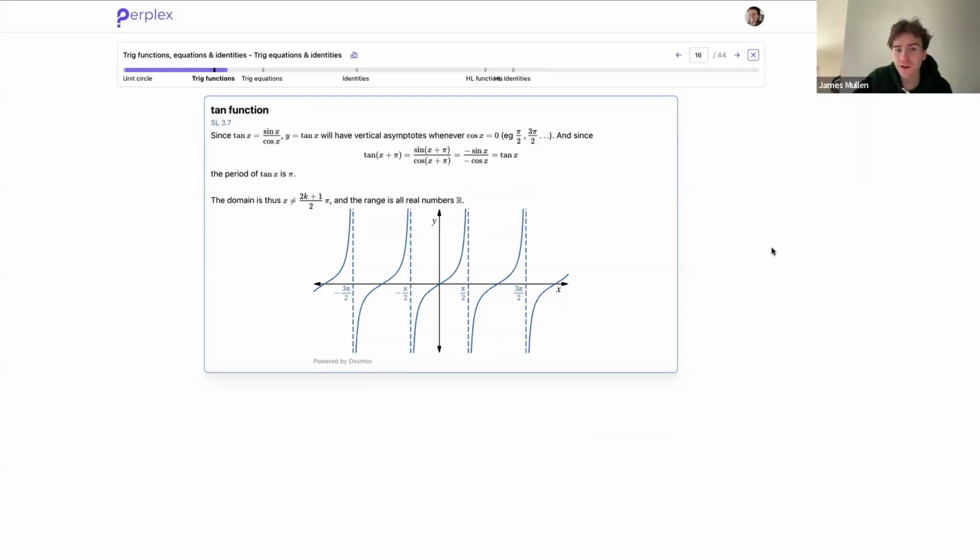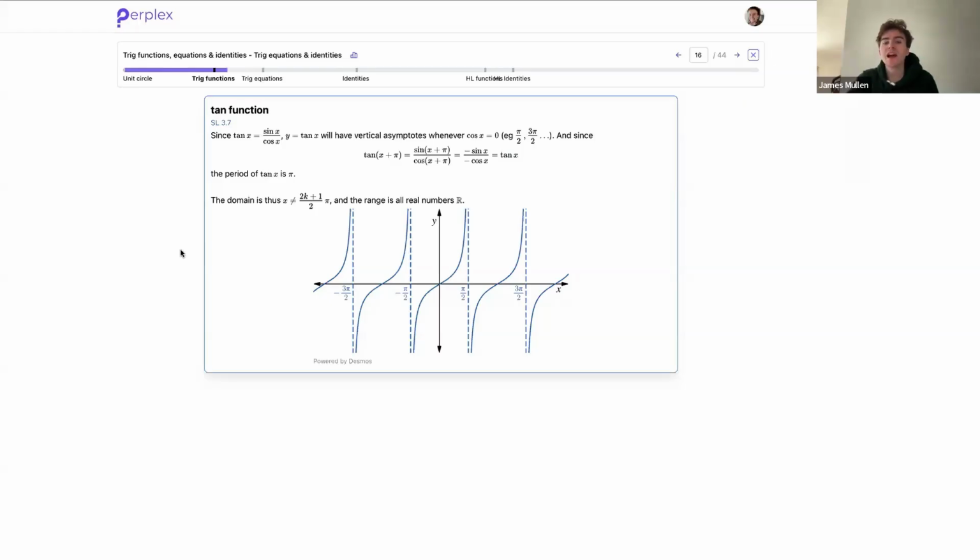Okay, also the tan function, if I remember that tan is sine divided by cosine, then tan is going to have vertical asymptotes whenever cosine is equal to 0. Because if the denominator is 0, I have a vertical asymptote. All right? And also, I know that since tan of x plus pi is sine of (x plus pi) over cos of (x plus pi), and adding pi to an angle means changing the sign of the sine and the cosine, then this becomes negative sine divided by negative cos, but the negatives will cancel and I get back tan, which means that the period of tan x is just pi.